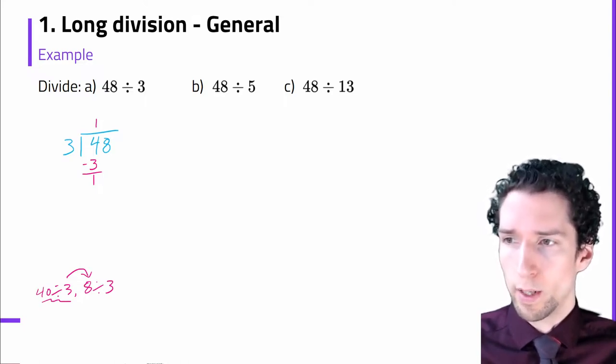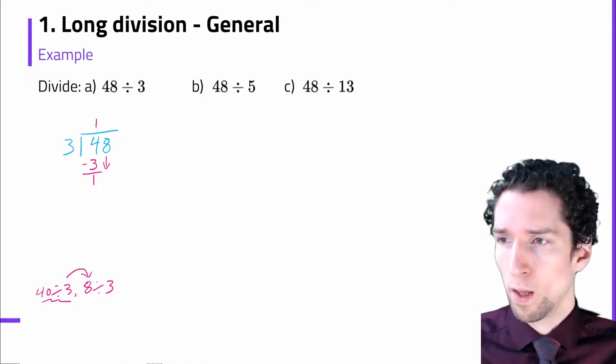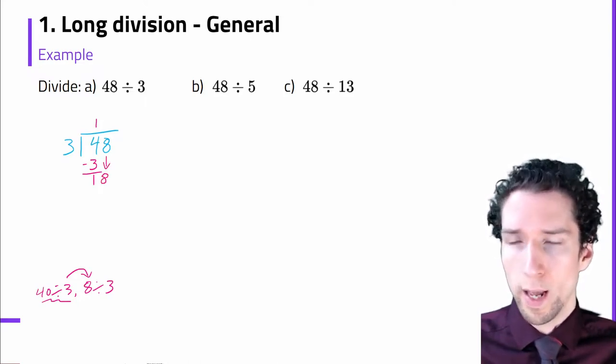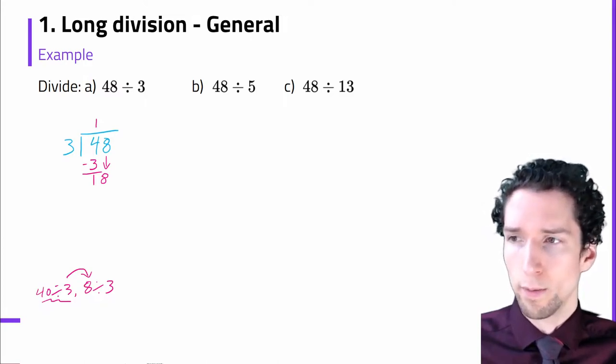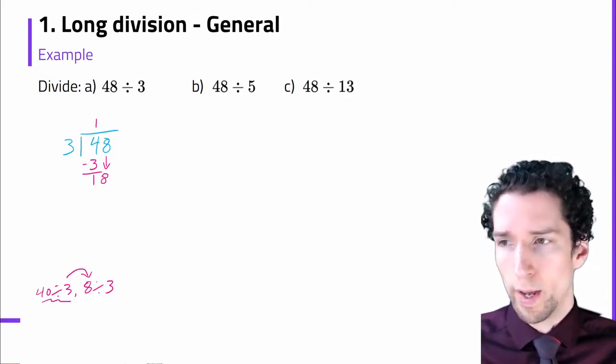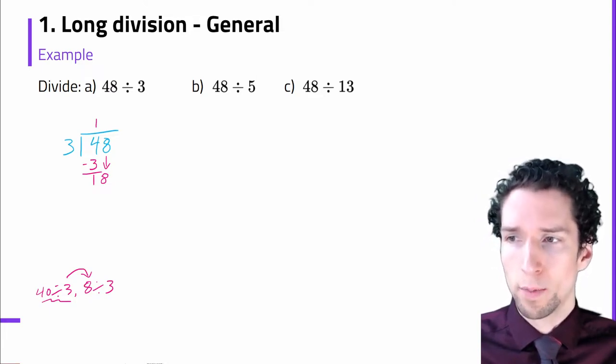Now we take the next number that we have, bring that down, and combine them. That's a 10 and an 8, so 18. We're taking the leftover from here and basically asking 18 divided by 3. How many times can 3 go into 18?